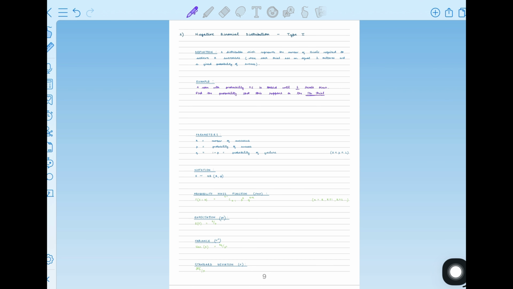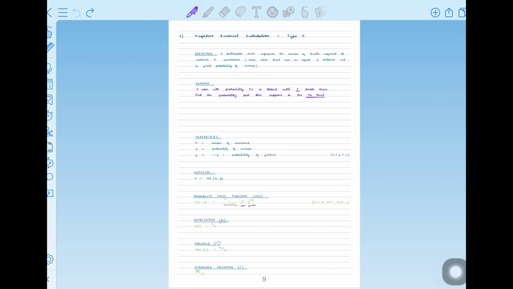For the probability mass function, we take the number of combinations of arranging k minus 1 successes in the first x minus 1 trials. We multiply this with the probability of success raised to k, multiplied by the probability of failure for the remaining trials. The mean is k upon p and the variance is kq upon p square.